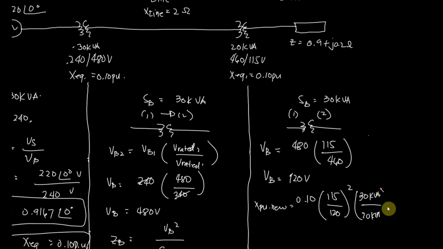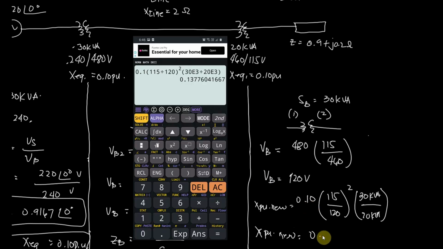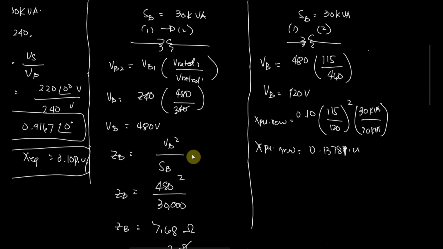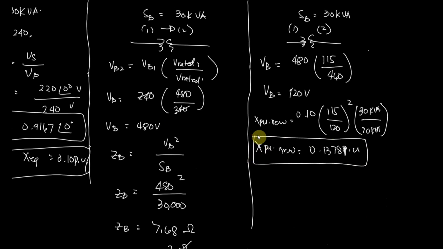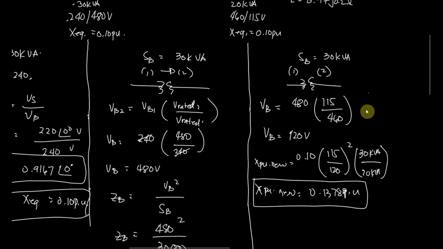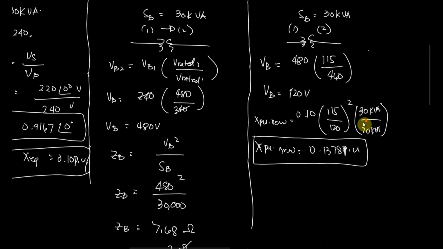When we calculate that, the new per unit reactance of our transformer is equal to 0.1378 per unit. That is our new per unit reactance for transformer 2, based on the new base voltage and new base power.